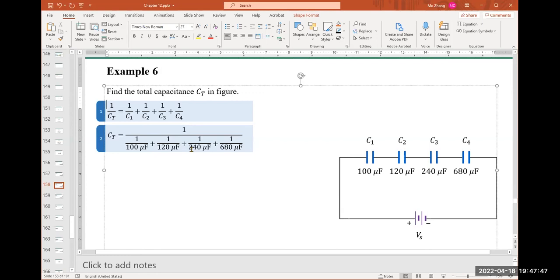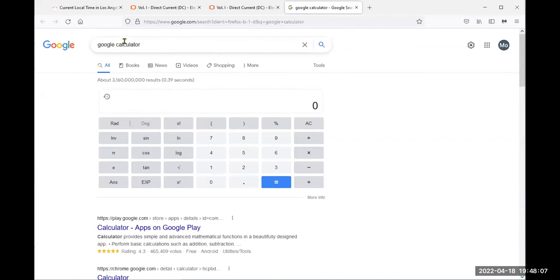Okay, so I'm going to bring the Google Calculator page here. So here, this is the Google Calculator. First we use 1 divided by open parentheses. This is very important. Make sure it's 1 over parentheses. It's a common mistake.